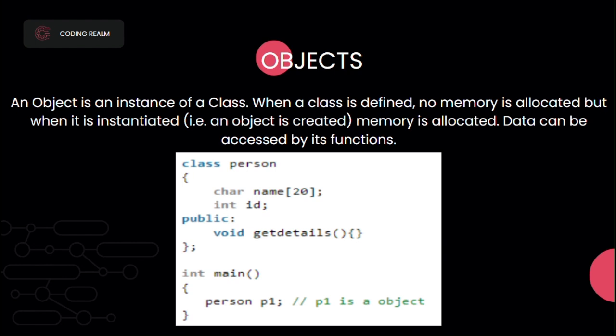First, I need to define the class person, and I need to define the array name. It's a character array, and the ID is an integer, and a public void function, get details. In the main function, I put person p1. Here, person p1 is an object.